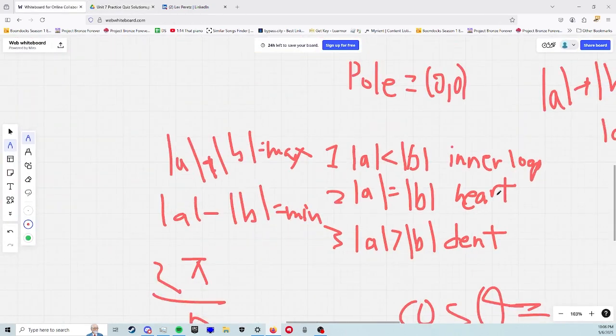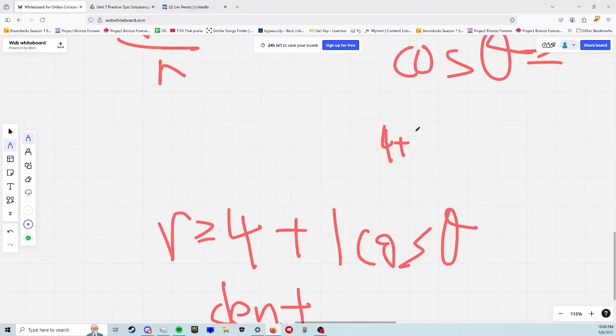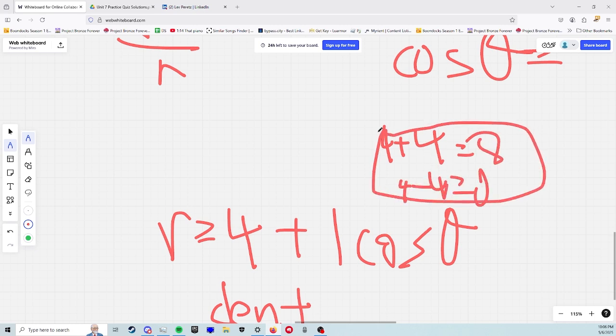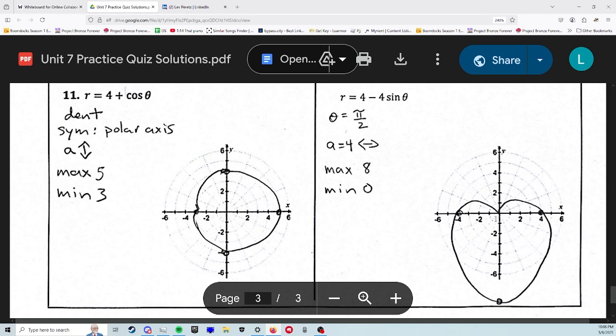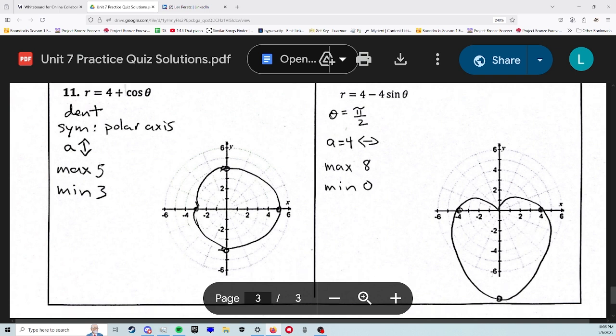The maximum is 4 plus 4 equals 8. The minimum is 4 minus 4 equals 0. And so it'll look like this. It'll look like 4 because that's over here. That'd be the x-intercepts. And then the maximum is 8 over here. The minimum is the origin.